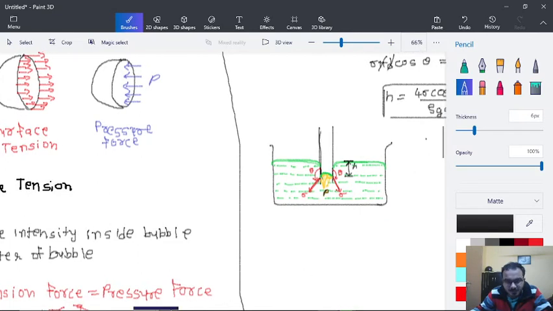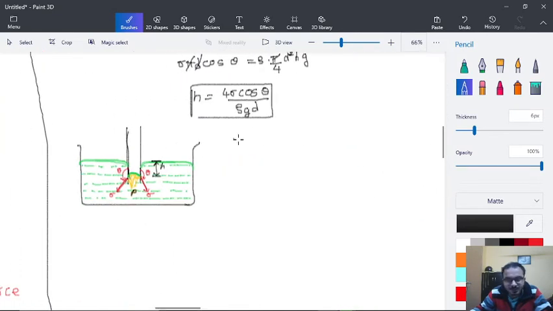So here for derivation purpose, pressure force is equal to surface tension force.